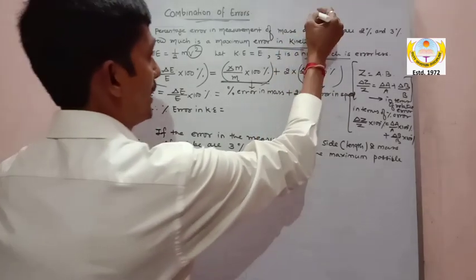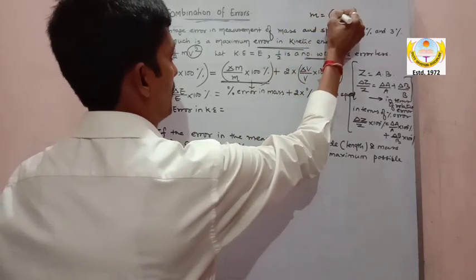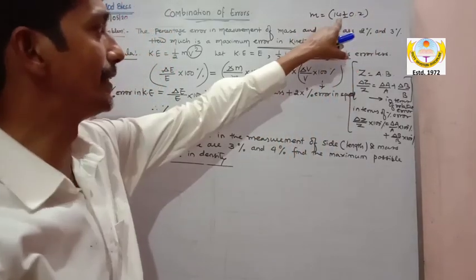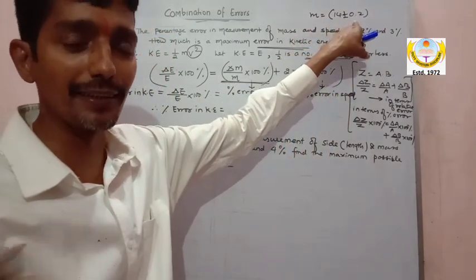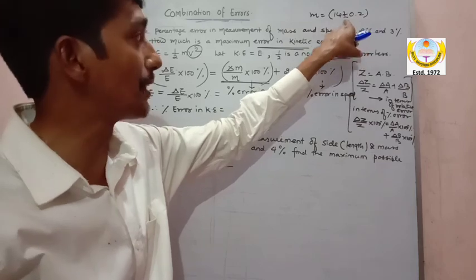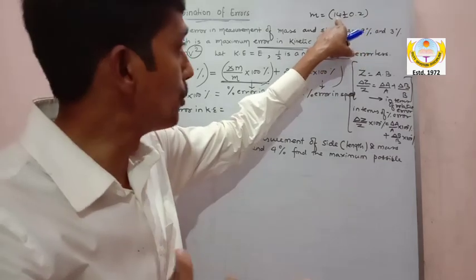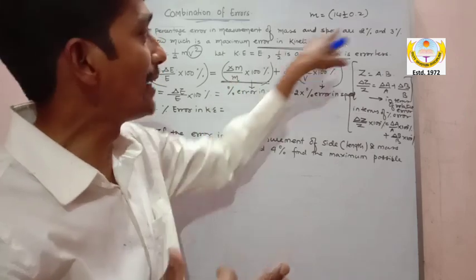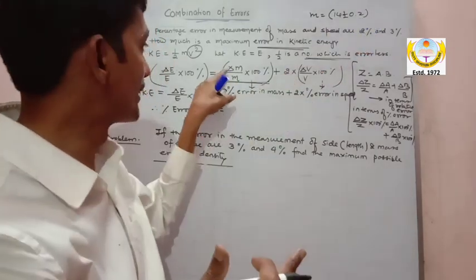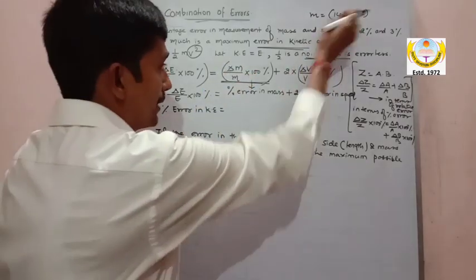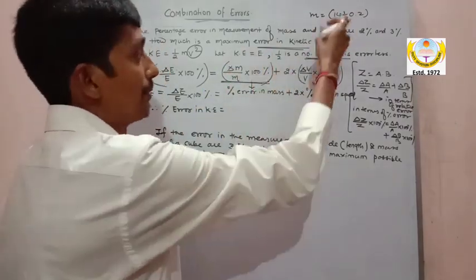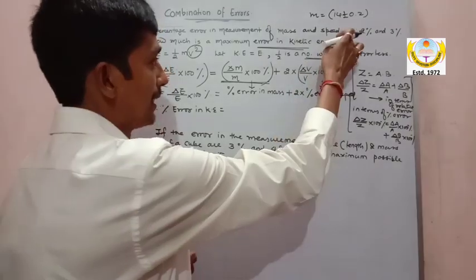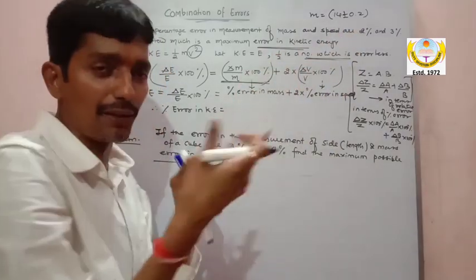If they write it this way, 14 plus minus 0.2, then they have not given the percentage error. In this case they have given the true value m and the error value 0.2, that is delta m. But here, they have directly given it, so there is a variety of numericals.